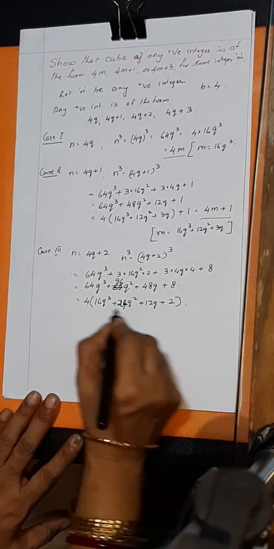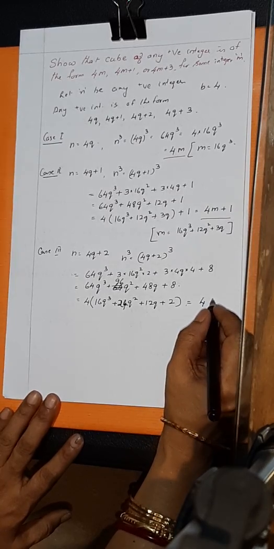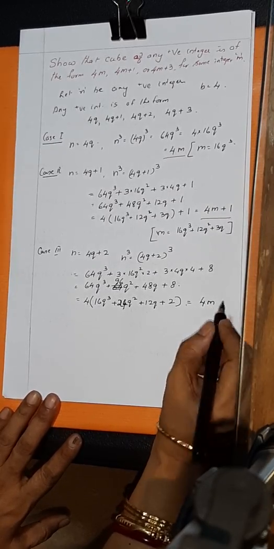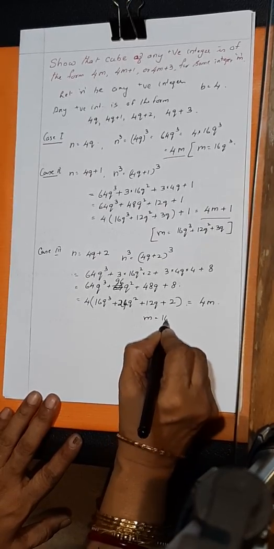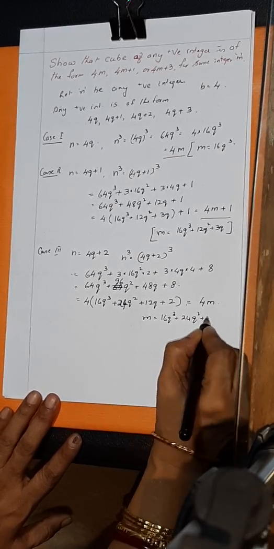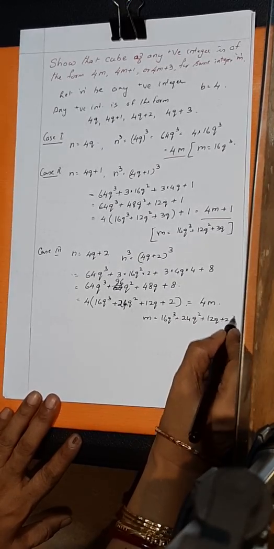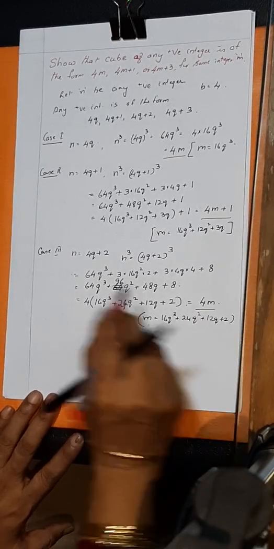So this is of the format 4m, where m is equal to 16q cube plus 24q squared plus 12q plus 2. So you get the format 4m.